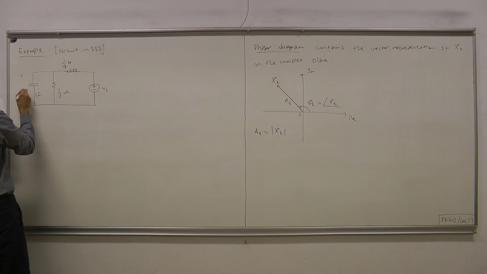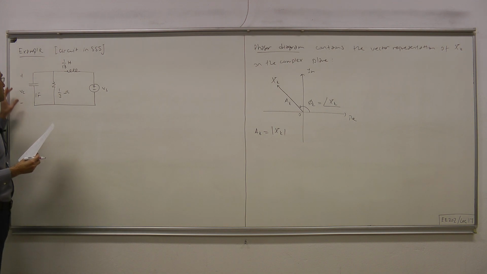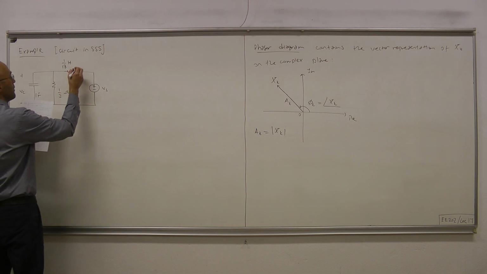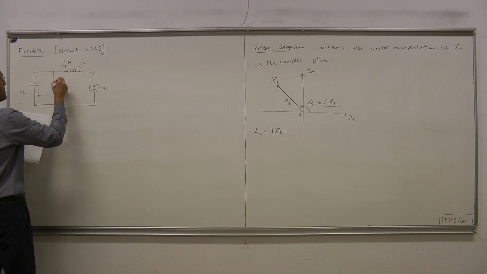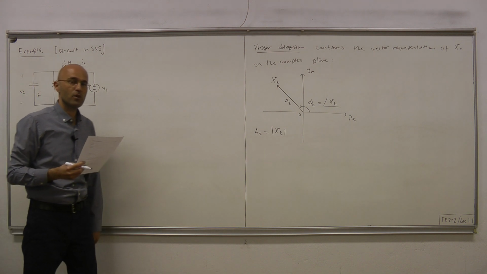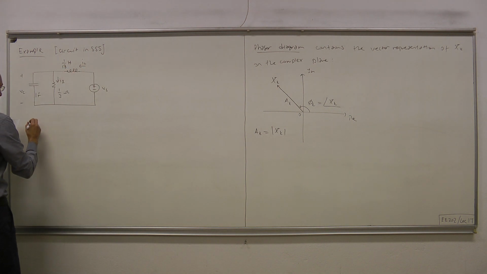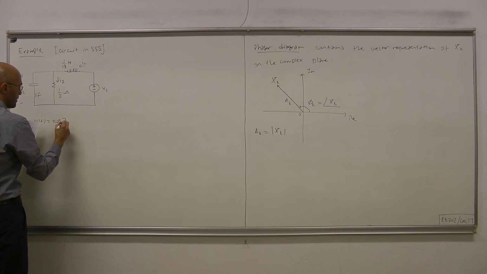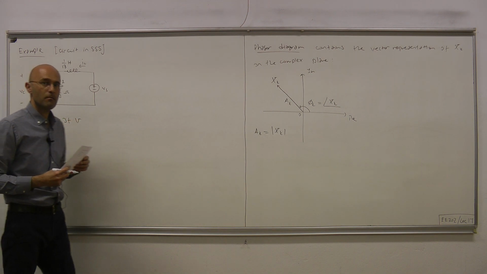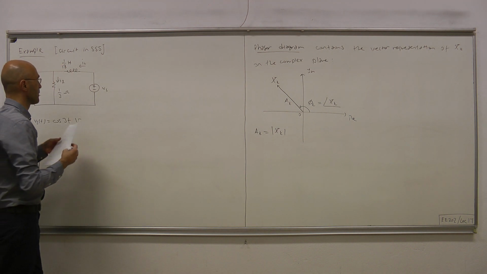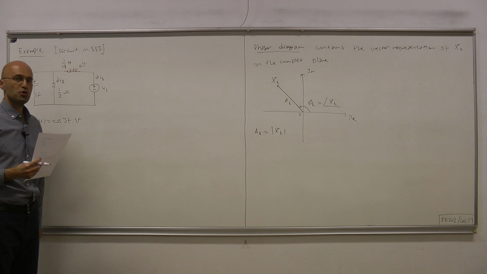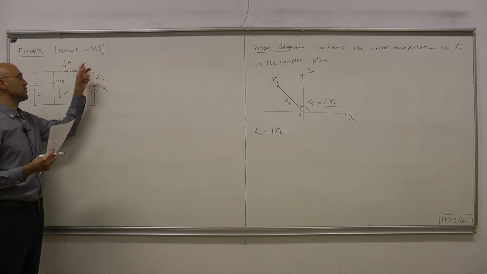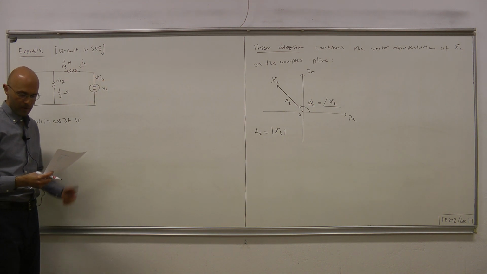The directions are given as: this is the capacitor voltage, VC, this is our inductor current, IL, and this is IR. Vs of t is cosine 3t volts, suppose. And here we have the source current, let's call it IS. IS is minus IL.